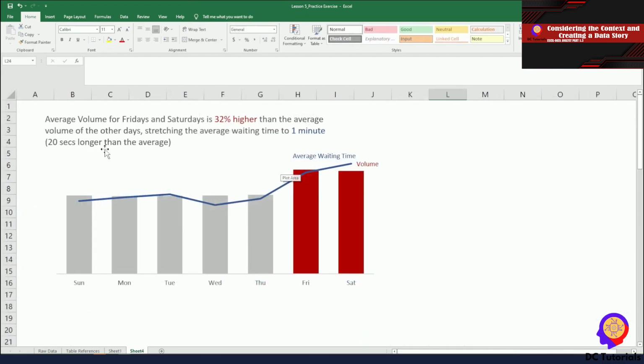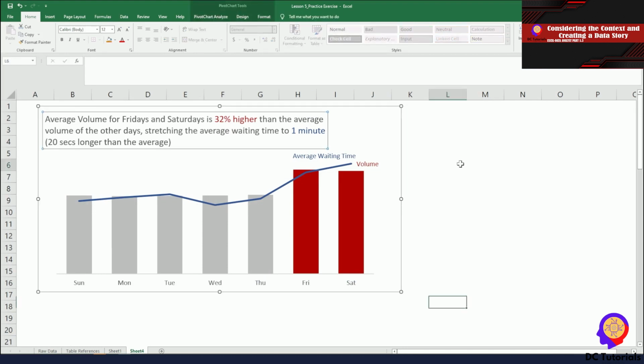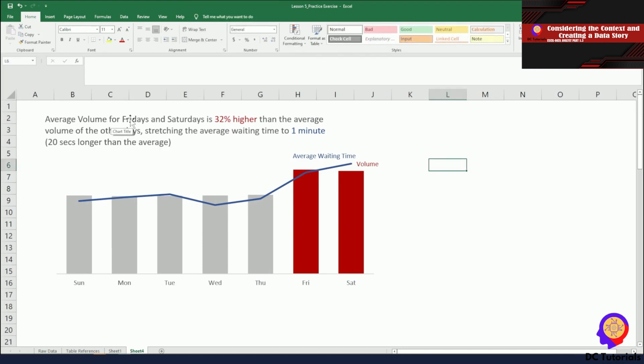So this is the improved version, and the insight is again also describing the statistics. So the average volume for Fridays and Saturdays is 32% higher than the average volume of the other days, stretching the average waiting time to 1 minute or 20 seconds longer than the average.